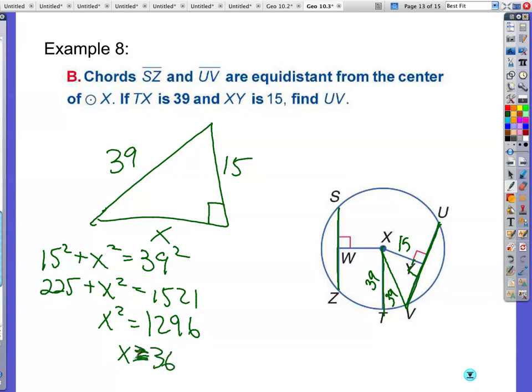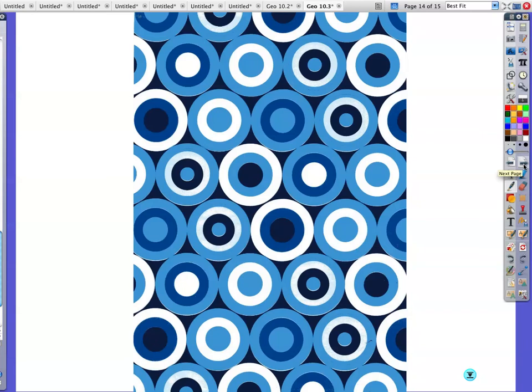That's not a negative, that's just a bad equal sign. Okay, so that tells me from here to here is 36. Then this must also be 36. So the entire distance from U to V must be 72. I don't know, did they say inches? They say nothing. So 72 units. All right, and that's the end.